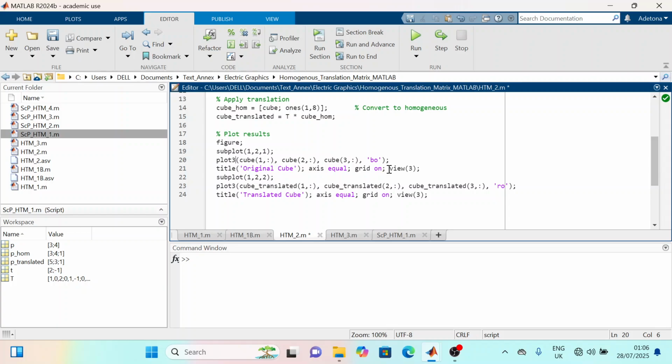For the second plot, which is the cube that has been moved from one point to another point entirely, that one is going to occupy row 1, column 2.